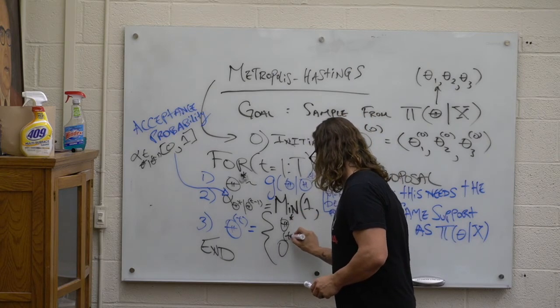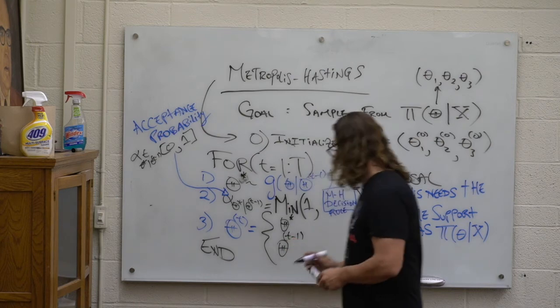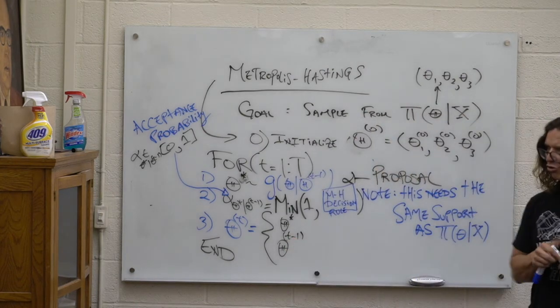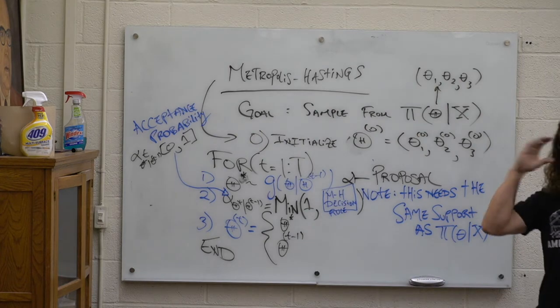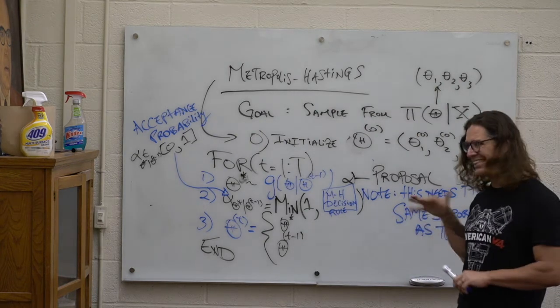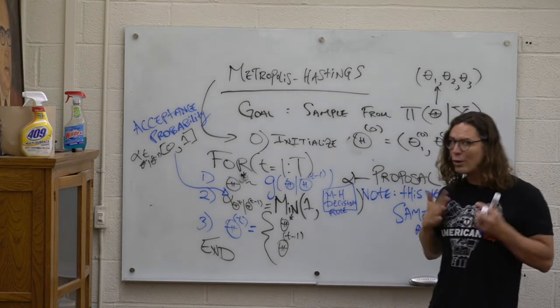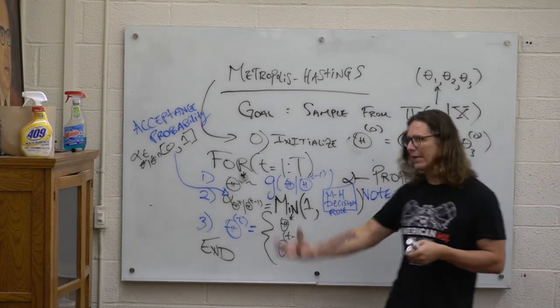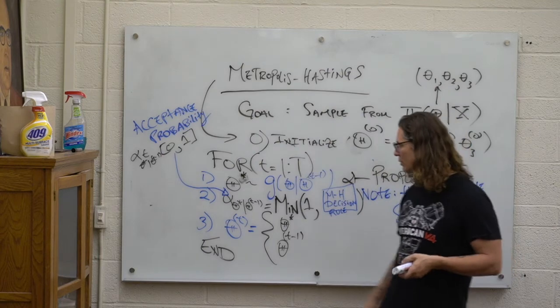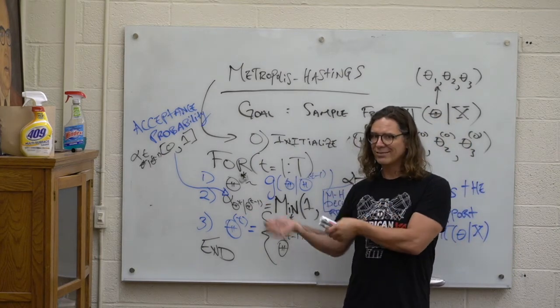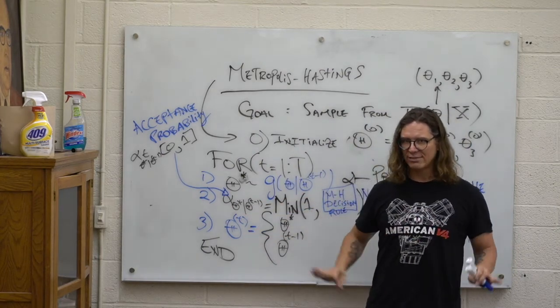I'm going to stay in the same location. Some of you might be familiar with accept-reject algorithms, where you either take the sample or you throw it away. This is not that. This isn't accept-reject. You're always carrying the sample with you. So you accept the proposal or you stay in the same location.